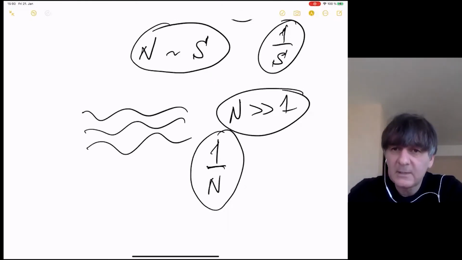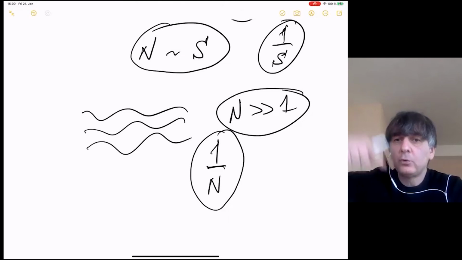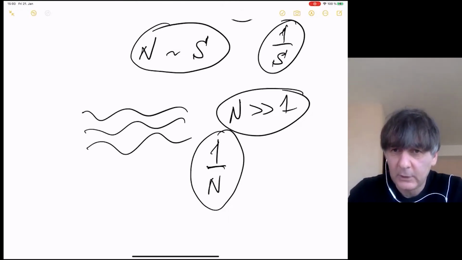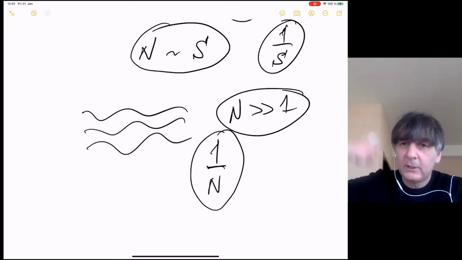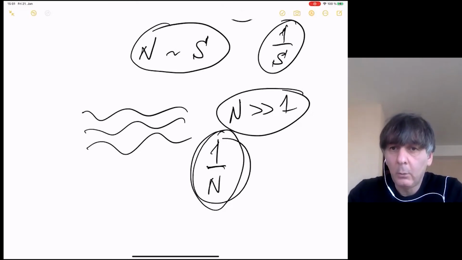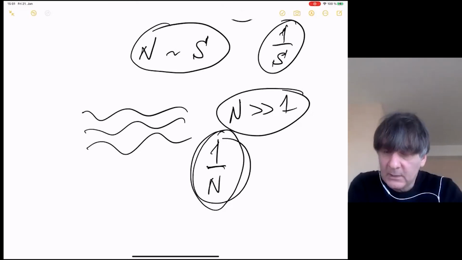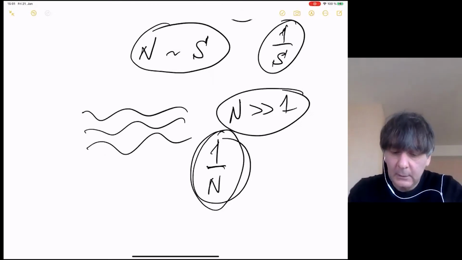Now, when 1 over n is very small, in order to probe effects, we need some enhancement. For example, we can overcompensate by having a huge time scale for the experiment and repeating the experiment over and over again and having like infinite precision. Then we can overcompensate this type of suppression. Okay, or we can have some other enhancement effect. Now, this is regarding 1 over n effects at the scale of frequency of those gravitational waves.